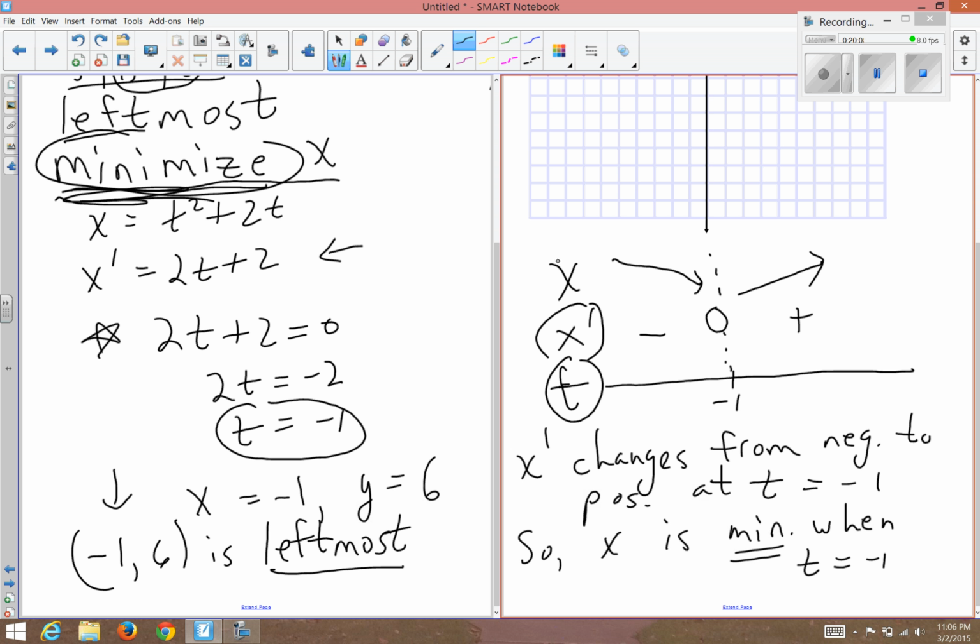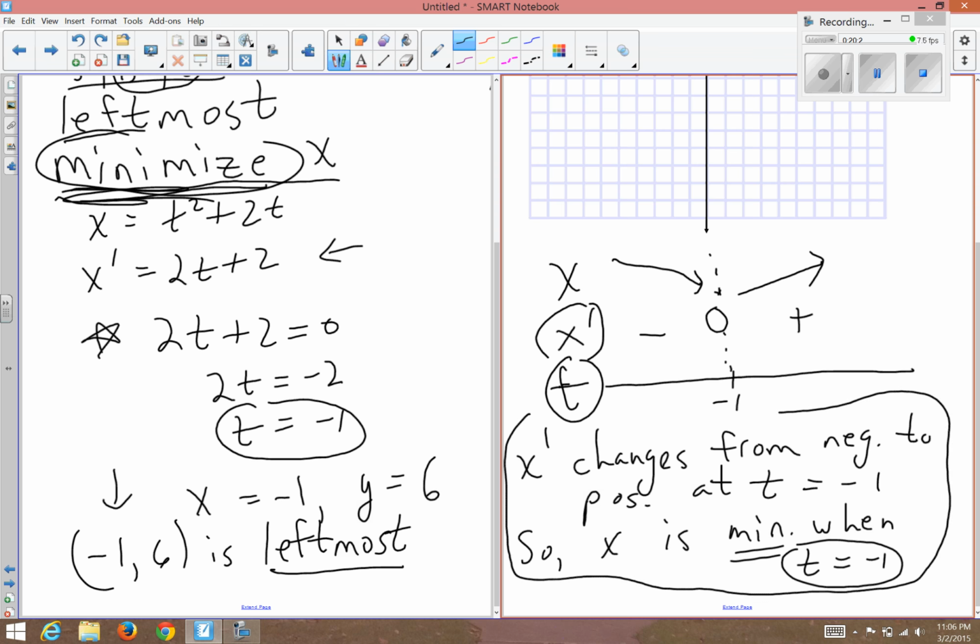So x, which is up here, is minimum when t is negative 1. So this just justifies the answer that we gave over here. It's these words that justify. The picture helps me write the words. I have to write the words.